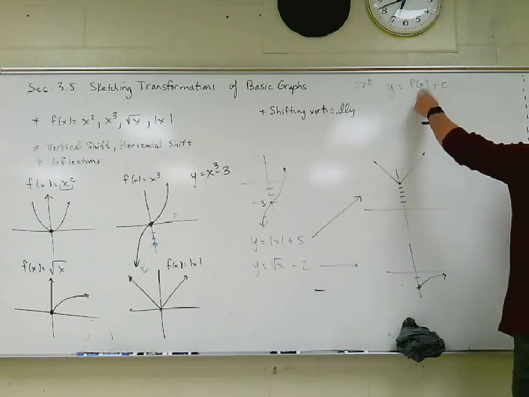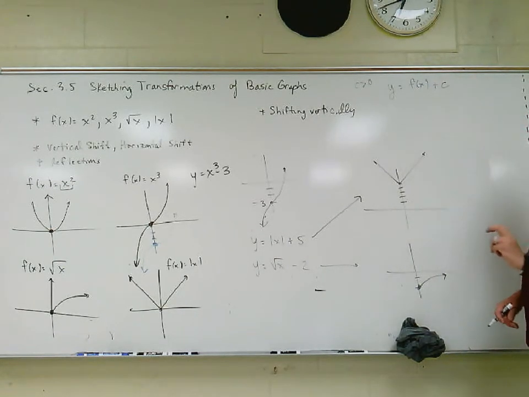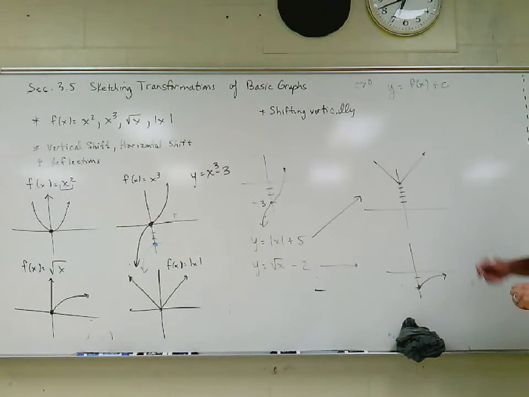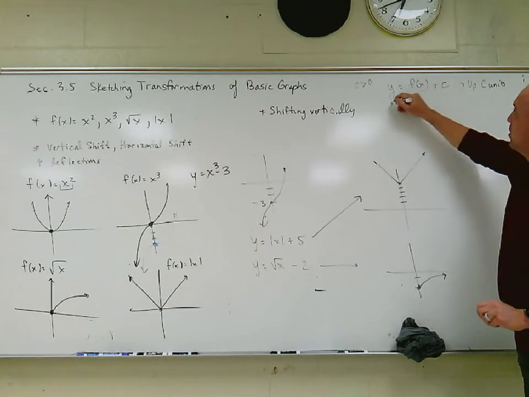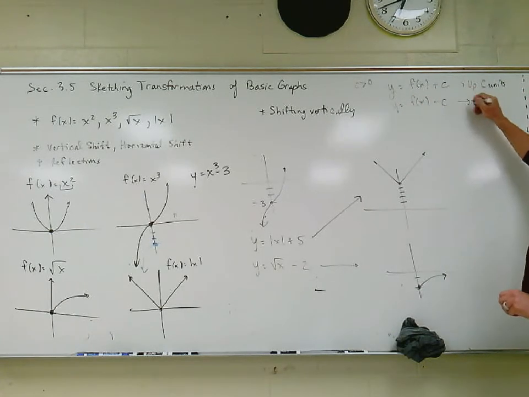So instead of me putting x squared or absolute value of x or square root of x, I'm just going to say f of x. So if I do a graph plus C, it's going to move where? Up C units. All right, and if I do f of x, a basic graph, minus C, where does it move? Down. Down C units. Okay.